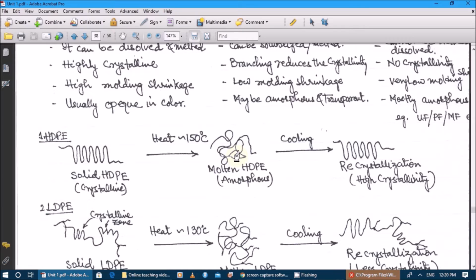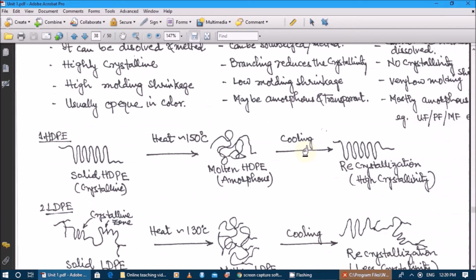The chain is randomly moving here and there inside the molten mass. And again, when we cool the HDPE, upon cooling, the chain will again try to crystallize, and it will recrystallize and form the crystal structure again.